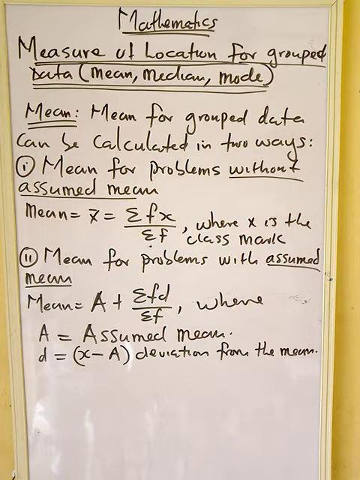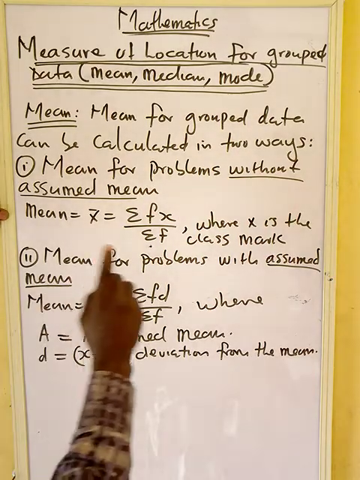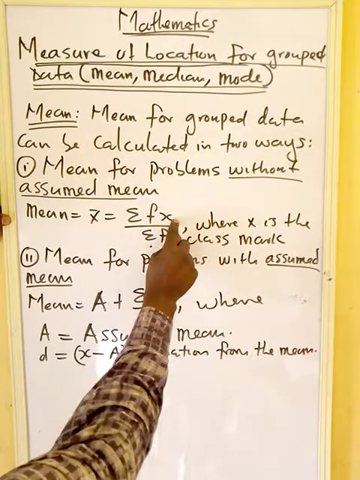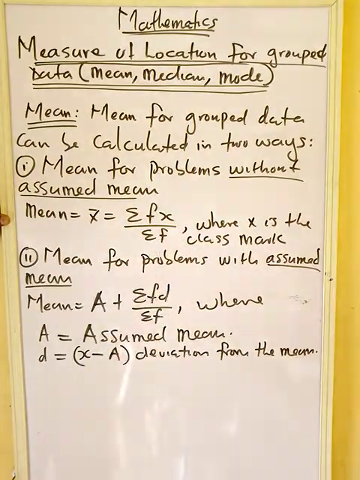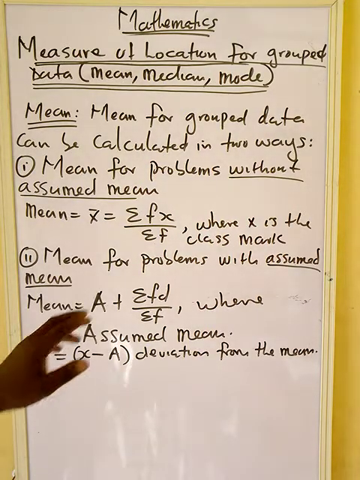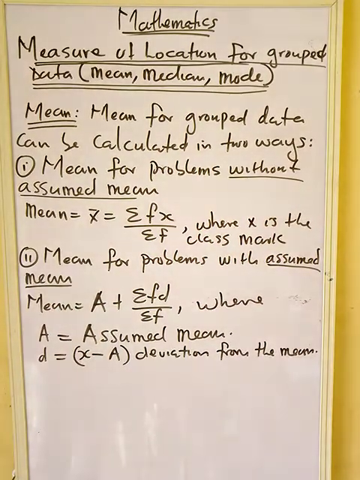Mean for group data can be calculated in 2 ways. The first one is mean without assumed mean, which is the normal one: summation fx over summation f, where our x is the class mark or midpoint. The second one is mean with assumed mean.